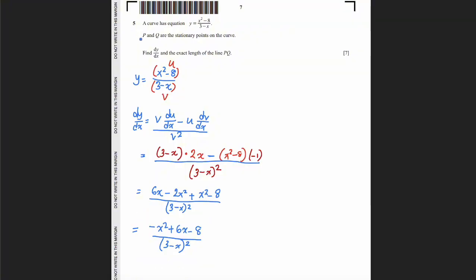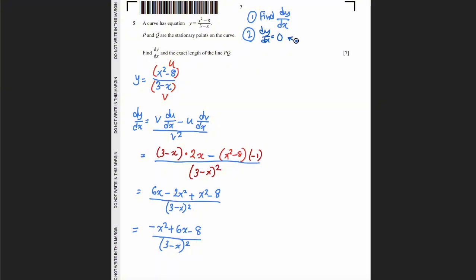Now it is given that P and Q are the stationary points of the curve. Let's write this step by step, shall we? Our step 1 was to find dy/dx. We have already done it. Now our step 2 will be to equate dy/dx to 0. Why? Because P and Q are stationary points on the curve, and at the stationary points the dy/dx value is always 0.